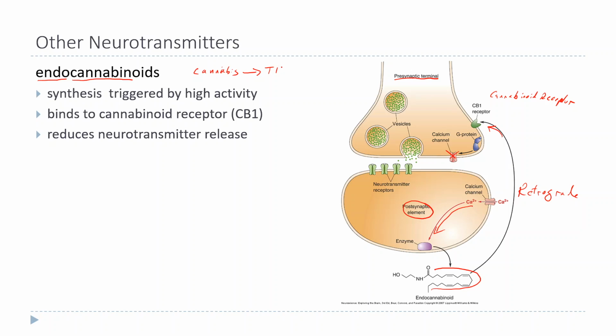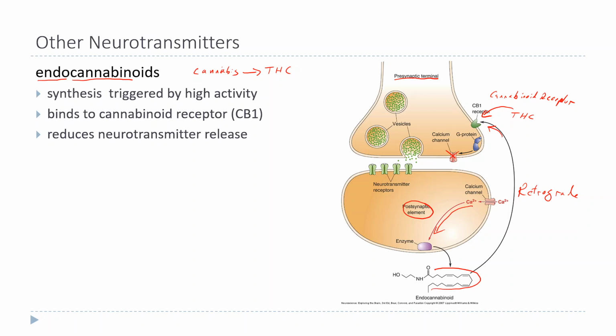THC is the active ingredient in marijuana, and THC also activates the cannabinoid receptor. That's why it's called the cannabinoid receptor. And this is actually an example of a receptor that was discovered before its ligand was discovered. THC is not found in your brain normally, only if you put it there, but it does activate the cannabinoid receptor.